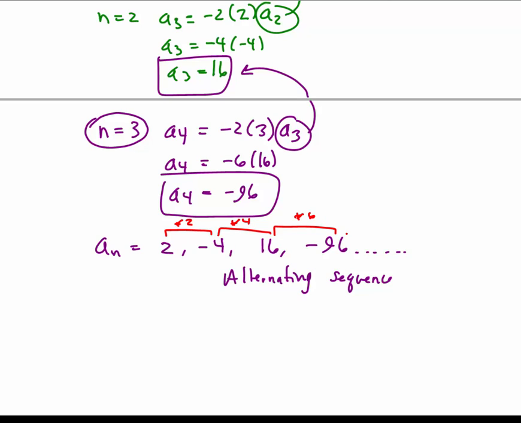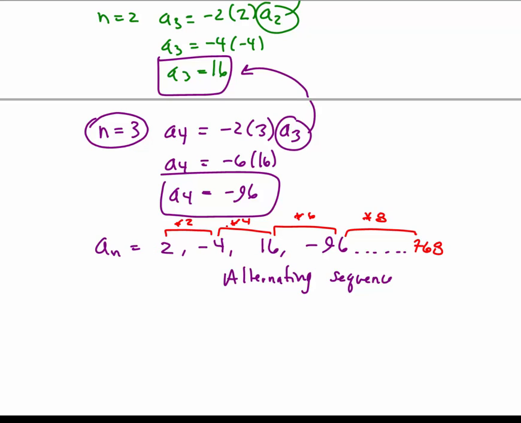So if you had to guess, you would probably say, well, I'm multiplying by 2, 4, 6. This is probably by 8. And 96 times 8, that would be 700. Let's get even bigger. Yep, 768. 768, and it's going to be positive because my signs start positive, negative, positive, negative, positive.